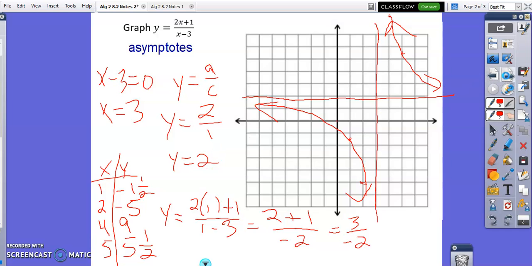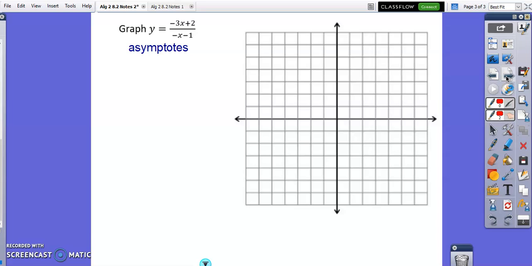And then let's try one last example to wrap this up. So this time we're just going to jump right in. I'm looking to set the denominator equal to 0. Find one of my asymptotes that way. So I'm going to add 1 to both sides. Then divide by -1 on both sides. So I find x equals -1 for one of them.